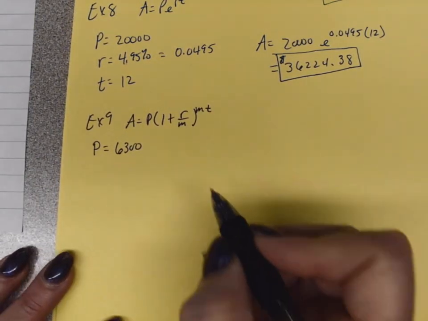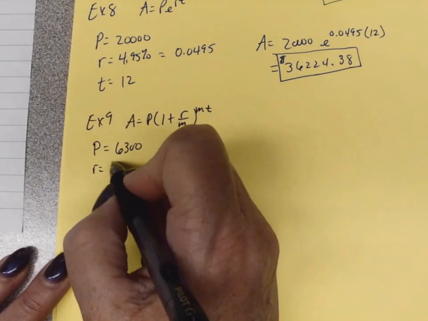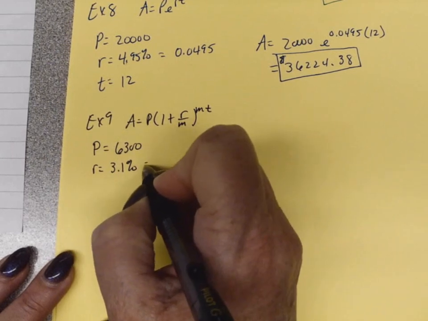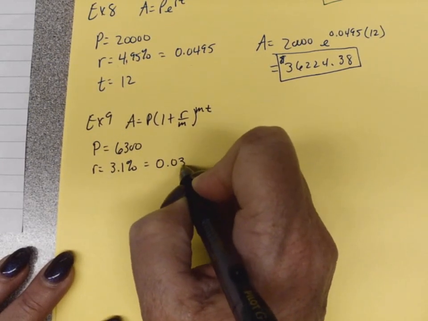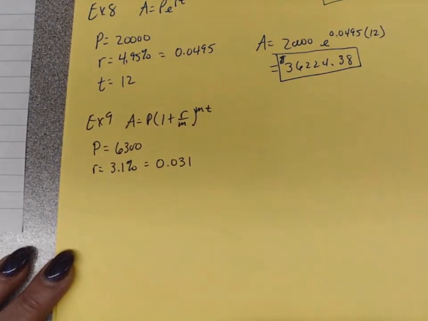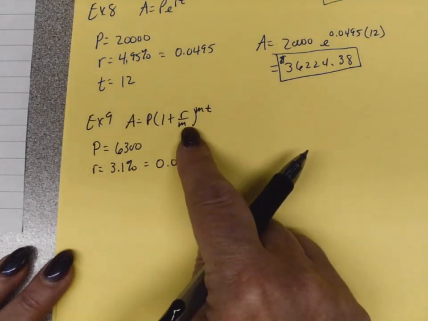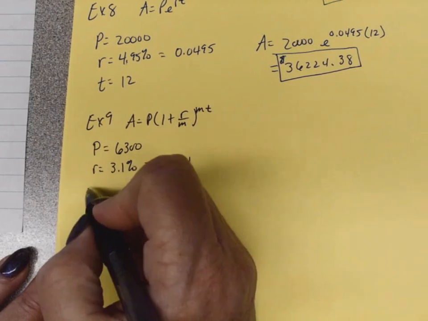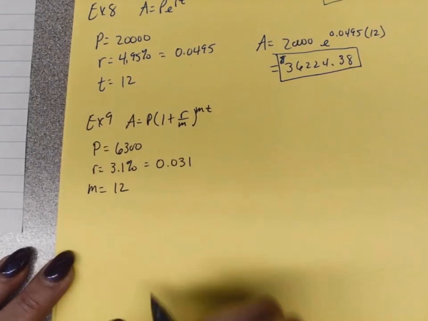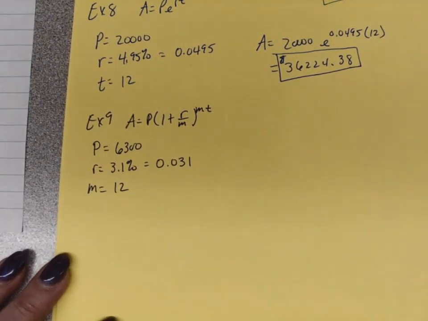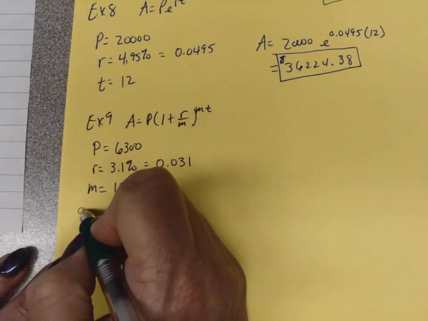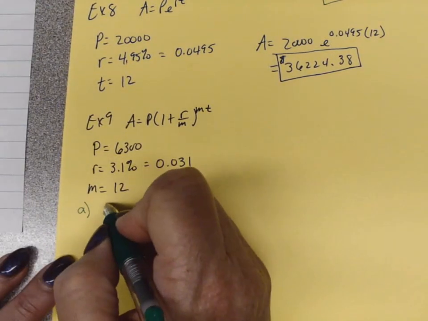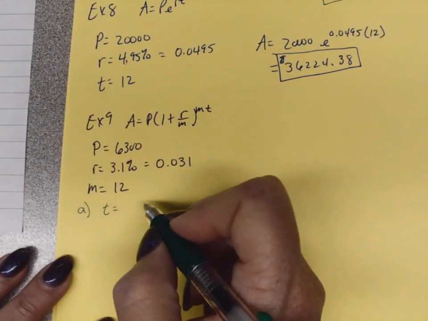The interest rate is the same, so our R is 3.1%, which will become 0.031. And our M, it says that it's going to be compounded monthly, so M is still going to be 12. The difference will be that part A, our T, will be 9 months.